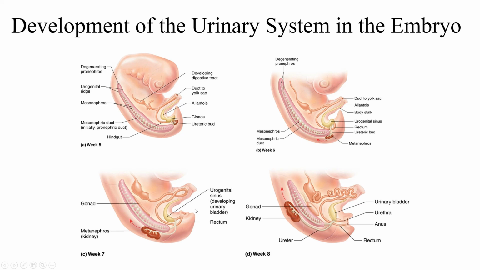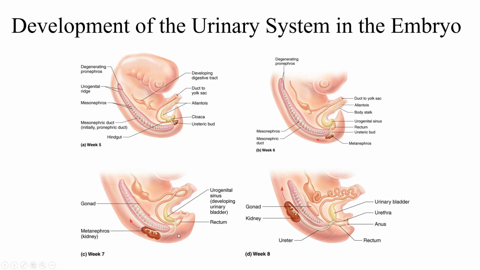You do start to see the ureteric duct. So you have the ureteric bud. The ureteric duct will start to form around 6 weeks, and this is going to become the ureters.